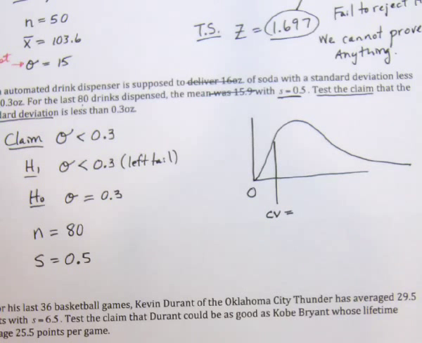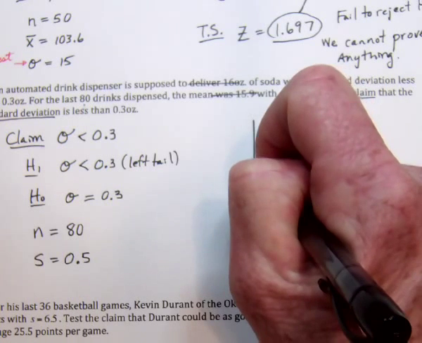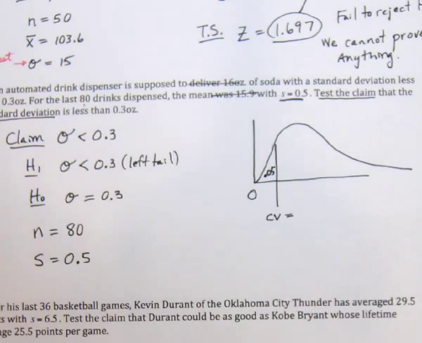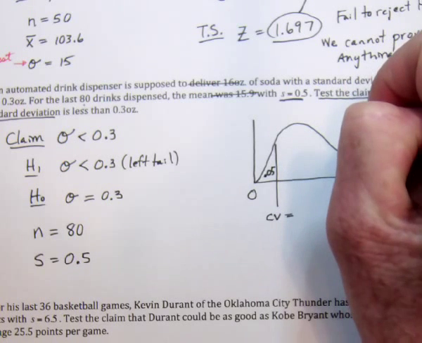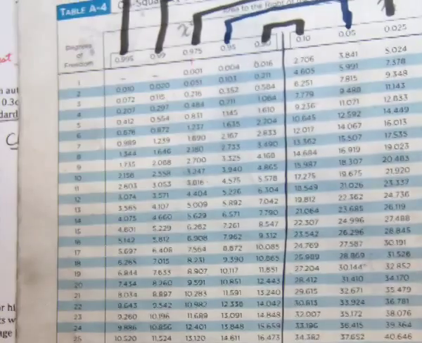And once again, I did not say to use 98% or 95%, so we're going to use 95% as the default. So that means that this is 0.05. And then, since it's chi-squared, we're using table A4. So here's my table A4.